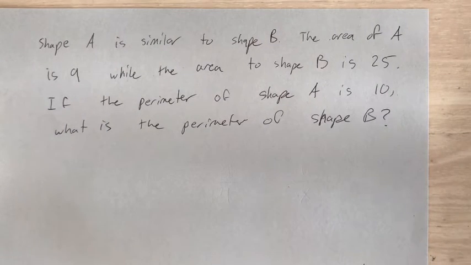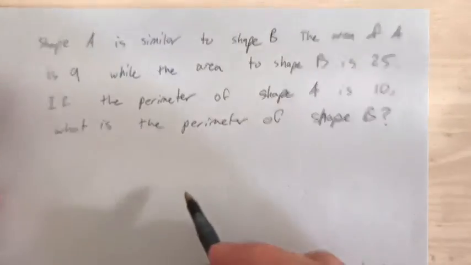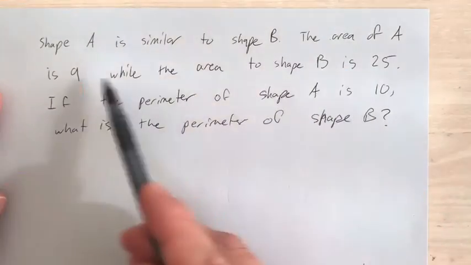Now, this one, we've been going kind of up in ratios of similarity. So we've started with a ratio of similarity and then changed it to the area ratio or the volume ratio. In this case, what they're giving us is the area ratio, right?